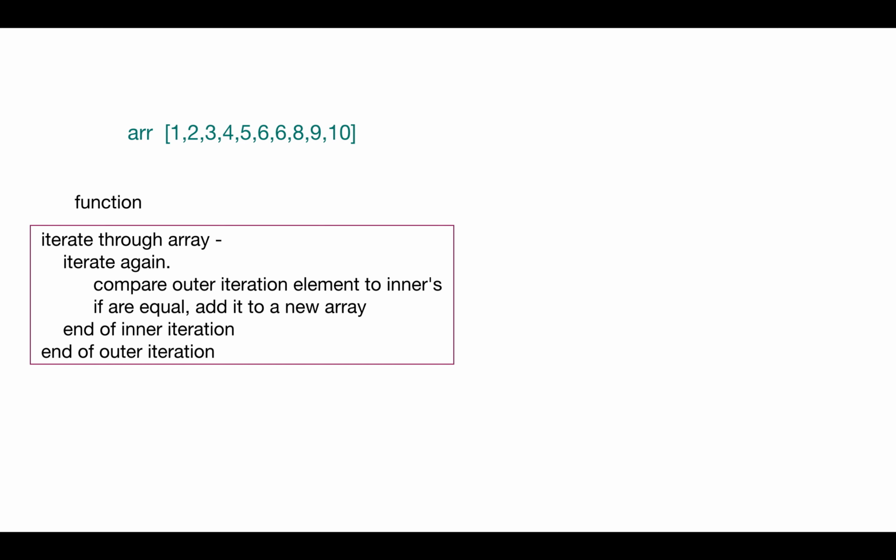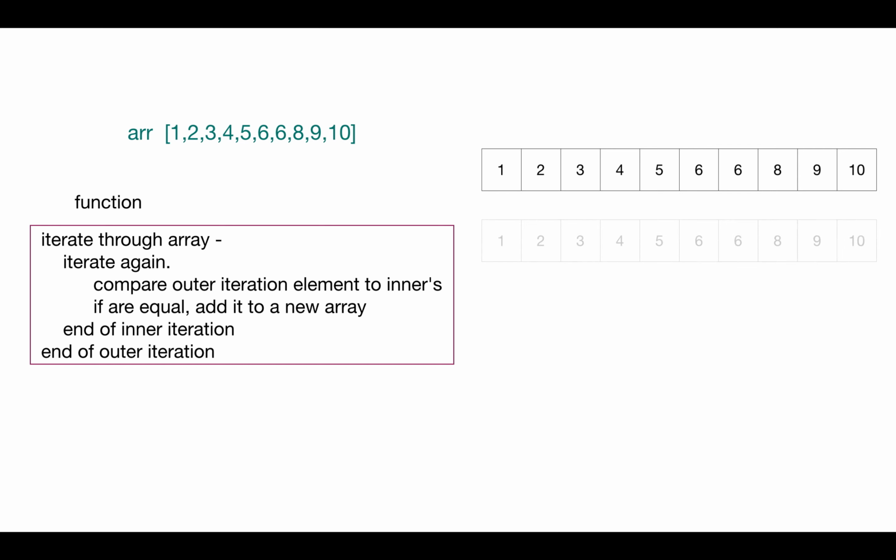Like if you are given an array of size 10, you need to find the duplicate in this array. For this, a nice solution will be something like iterating through the array and iterating again, comparing the outer iteration element to the inner ones, and if both are equal, you get the element, and you end both the loops.